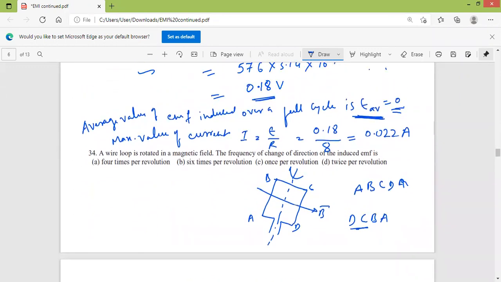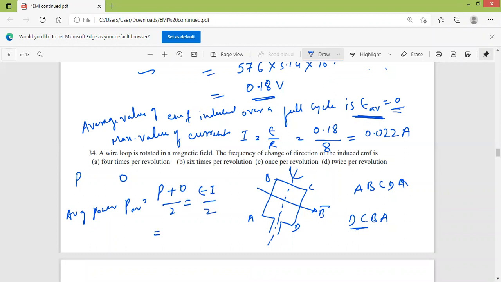Hence the average power: the maximum power is P and the minimum power is 0, so P average is equal to P plus 0 by 2. P is epsilon I, divided by 2.